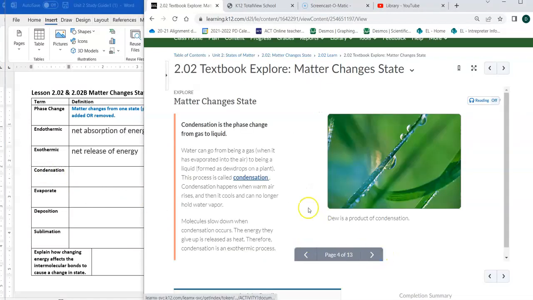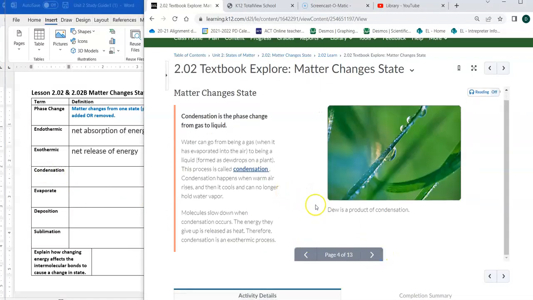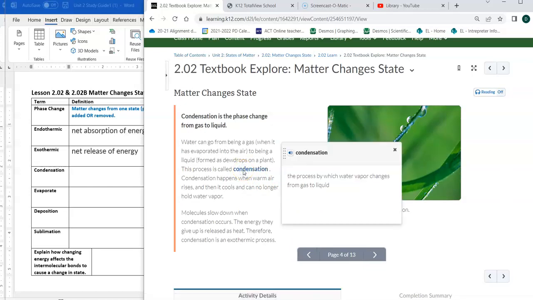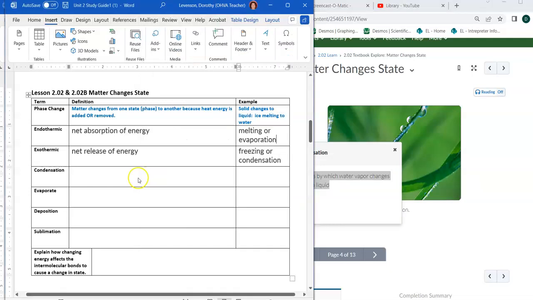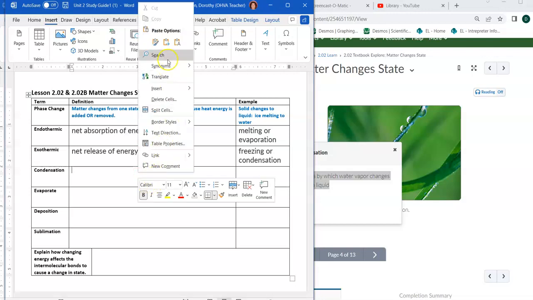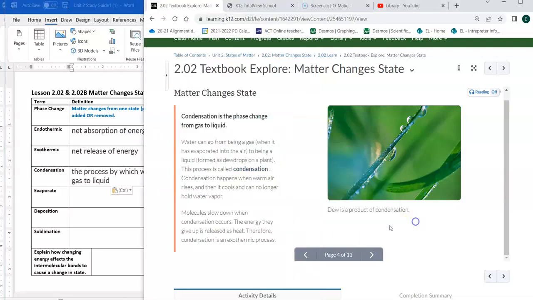What is it? Right here on page 4, and you can open it up, it's the process where water vapor changes from a gas to a liquid. All right, and then you're looking for examples.